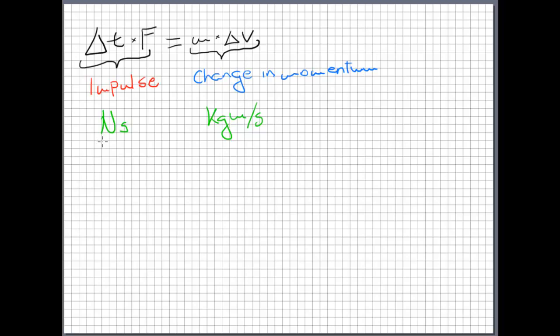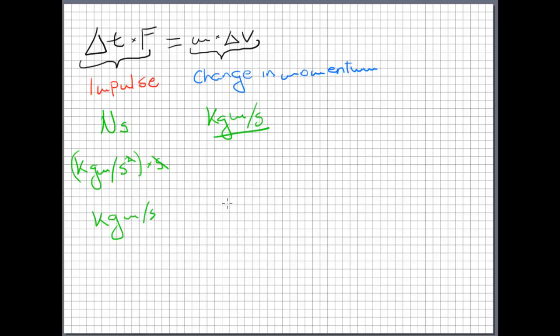So if we unravel newtons, we know that 1 newton is kilogram meters per second squared, and this here is newton times the second. So what we can do is cancel the second and the square, and then we'll get kilogram meters per second, which is exactly the same as this one here.